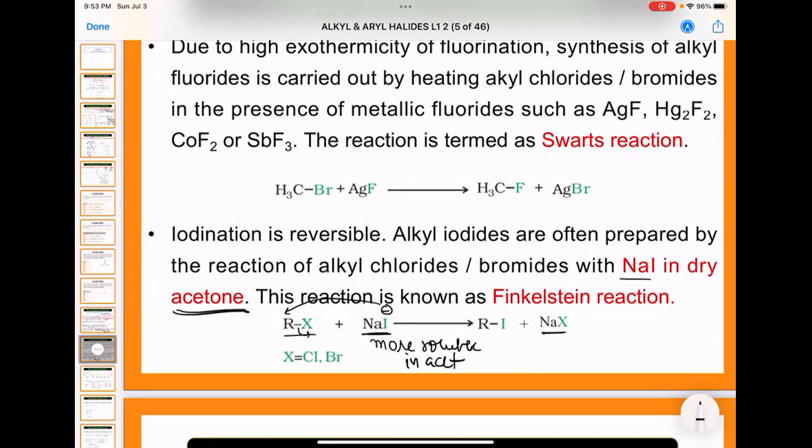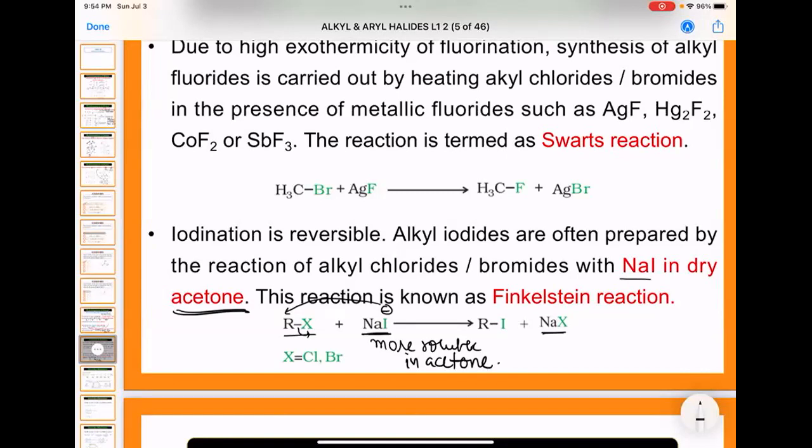You might have studied Fajan's rule in class 11, chemical bonding, which explains that ionic compounds acquire covalent character due to polarization by the cation. So NaI is somewhat covalent. It is soluble in a covalent compound like acetone. NaCl and NaBr, Cl is more electronegative, so they are more ionic.